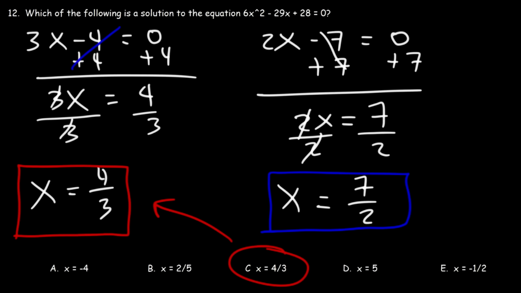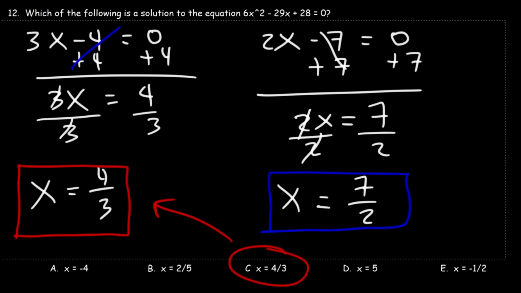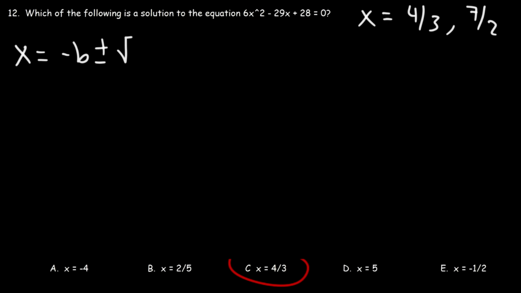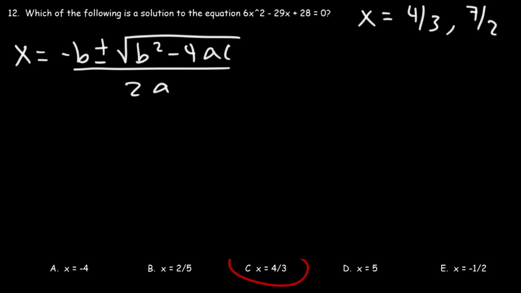Now let's talk about how we can use the quadratic formula to get the same answer. So I'm going to write the answers that we have on top. So it was 4 over 3 and also 7 over 2. Now here's the quadratic formula. X is equal to negative b plus or minus the square root of b squared minus 4ac divided by 2a.